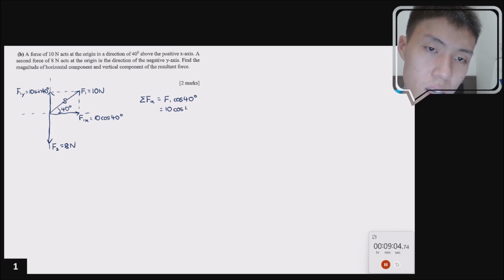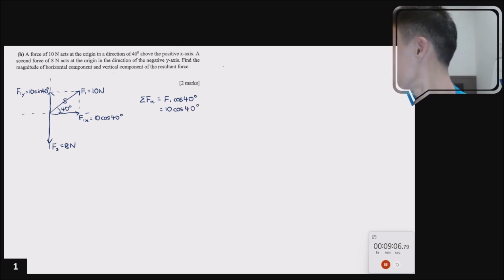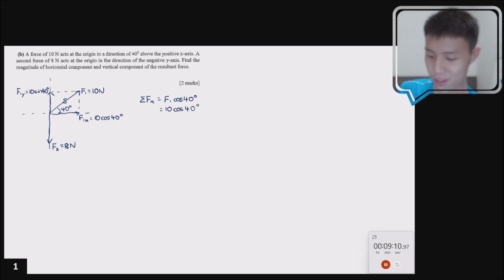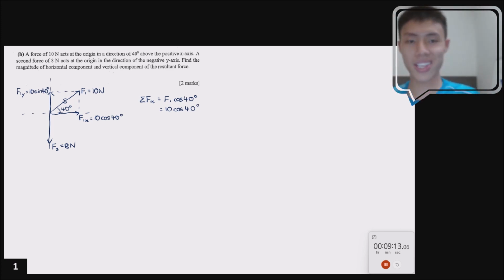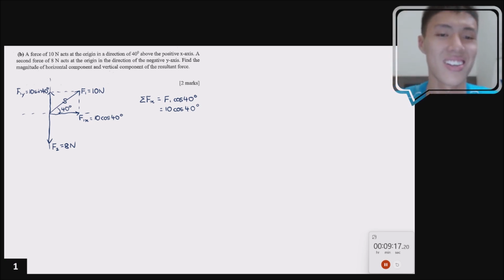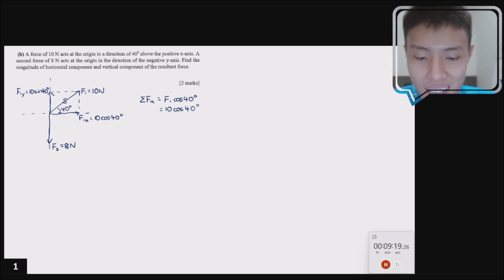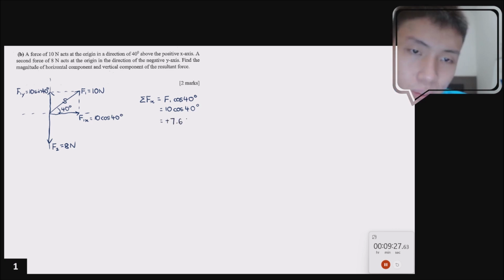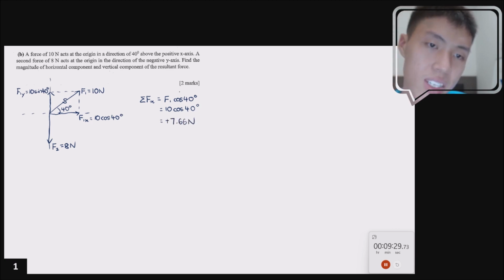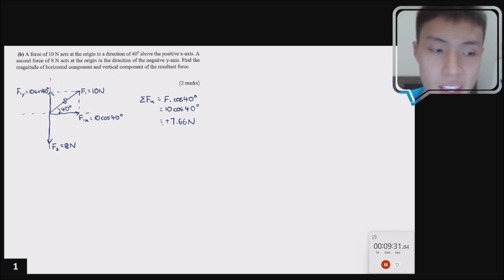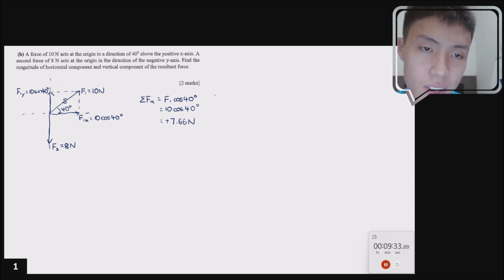I didn't even remember to bring my calculator. So then 10 cos 40 will be 7.66. If you are more concerned with the sign, you can write it down because it's positive 7.66, indicating that it's pointing to the right.